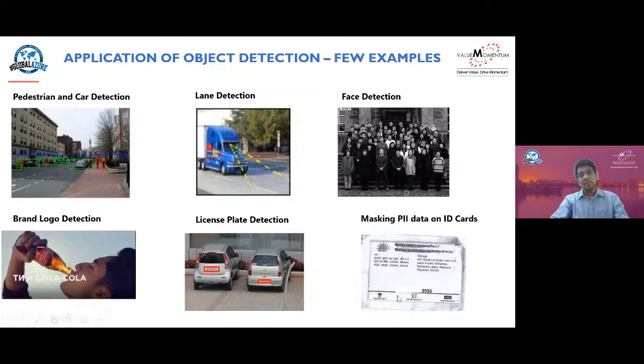This is one of the use cases we implemented for an Indian life insurance carrier. As per Supreme Court guidelines, if someone is capturing images of an Aadhaar card, they are supposed to mask the first 8 digits of the Aadhaar card.